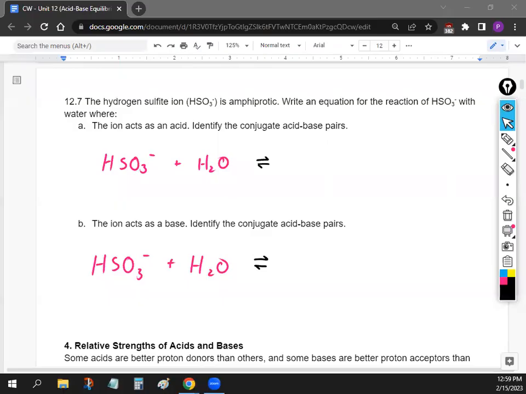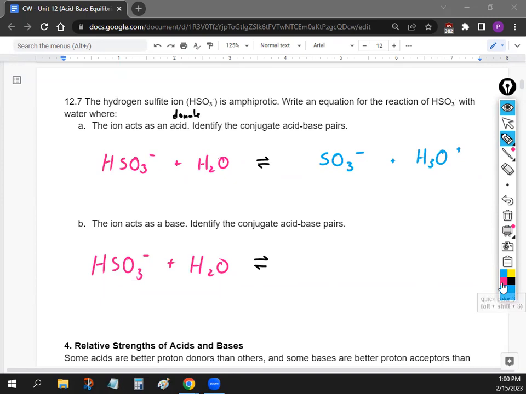So here in A, you want it to act as an acid. Now, does an acid donate or receive an H plus? Yeah, it's going to donate, which means you take the H plus here and give it to water, which means on the right side of the arrow, we're going to have SO3 2 minus, and then you're going to have H3O plus.